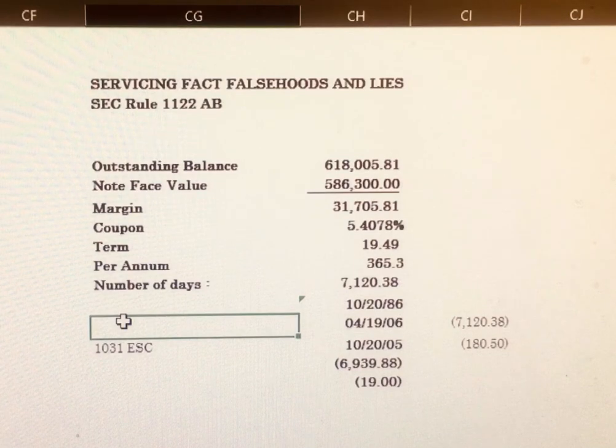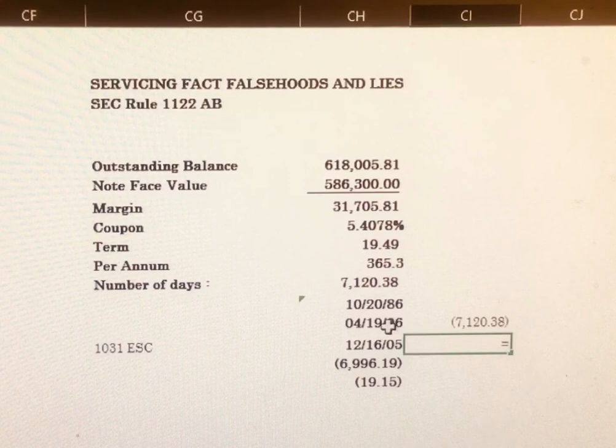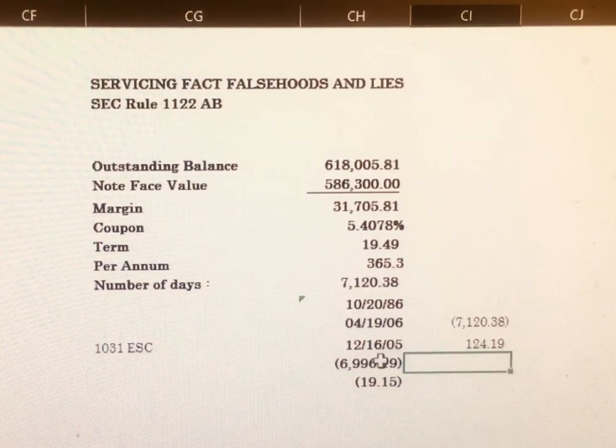Now, this loan originated on 12/16/2005. So if we backdate that, we're off by 124 days, 124.19 days. So that's interesting.